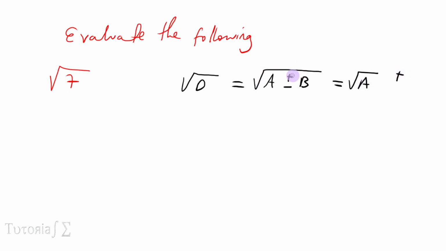If we are adding here, then here we're also adding. If we're subtracting, here we're also subtracting. Then we write the B on top, over 2 is always part of the formula.